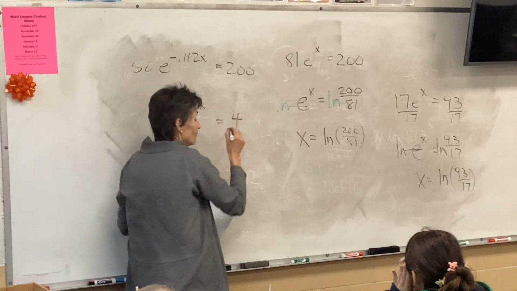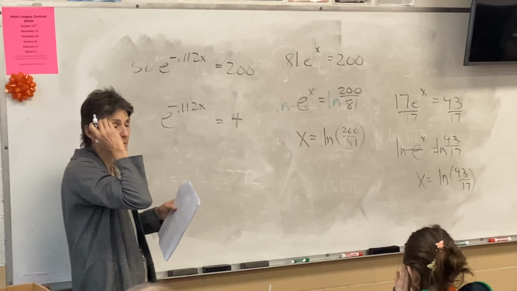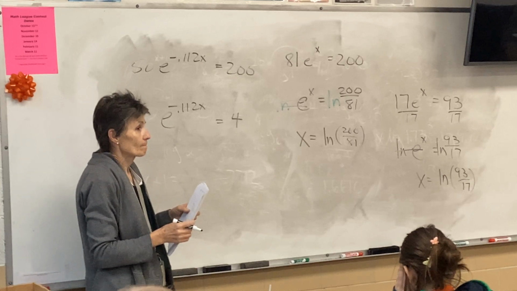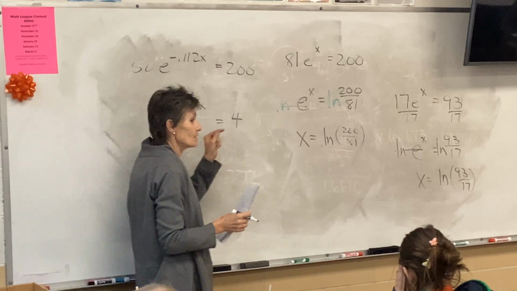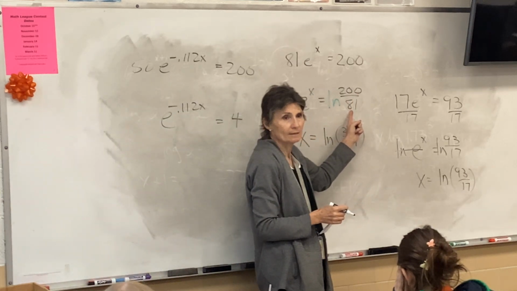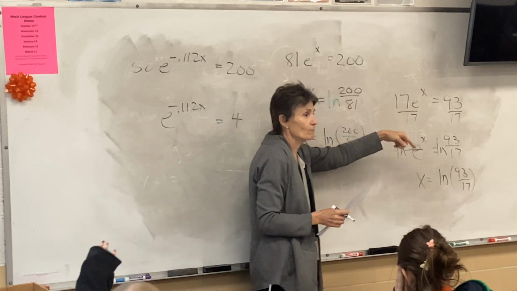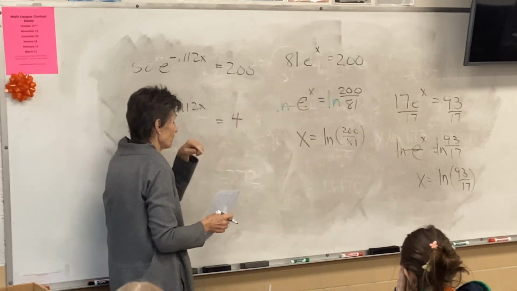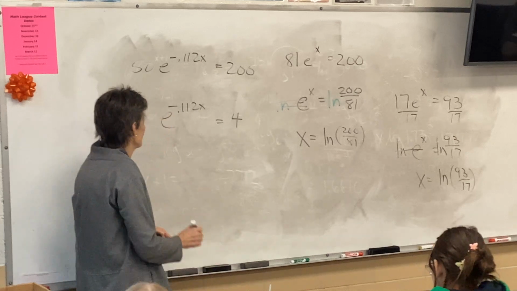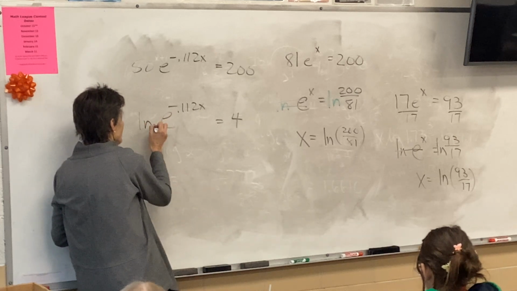Doesn't that just equal 200 over 50? I didn't do that over here because 200 over 81 is nothing nice. Nor is 93 over 17. But this one worked out perfectly. All right, now what? I ln both sides.